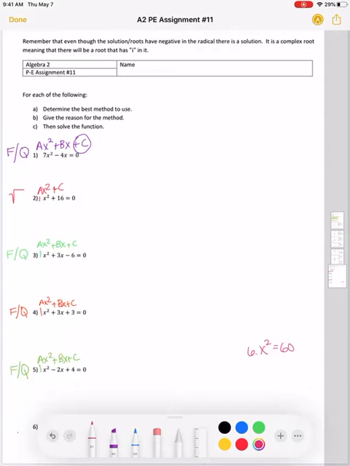We want to get that into standard form, so we have to move the 60 to the other side. So it is x squared minus 60 equals 0. And that has ax squared plus c, which means that on number 6, you are going to use the square root principle.